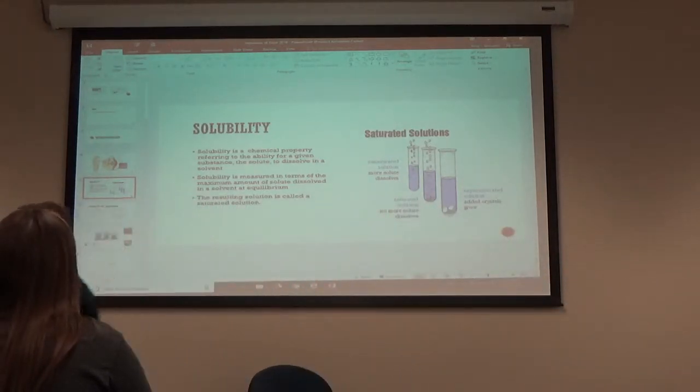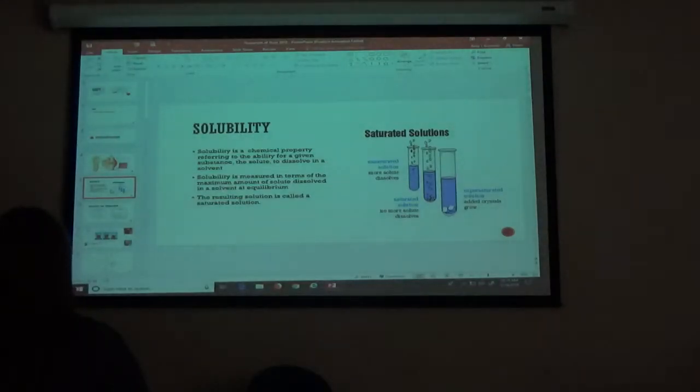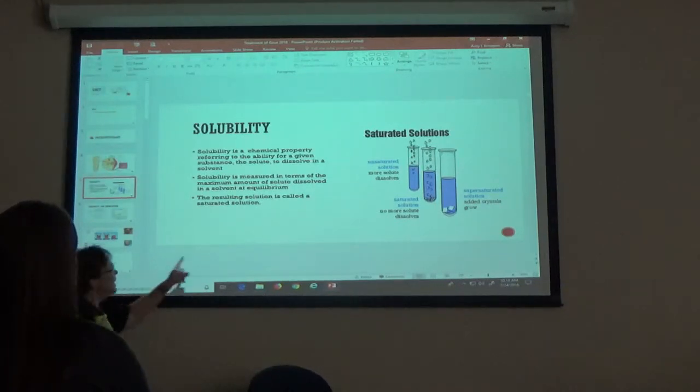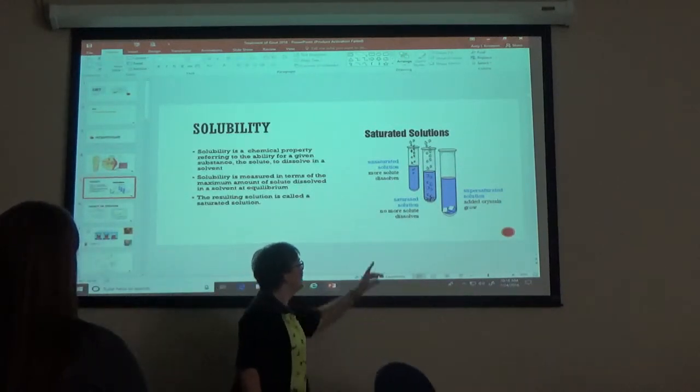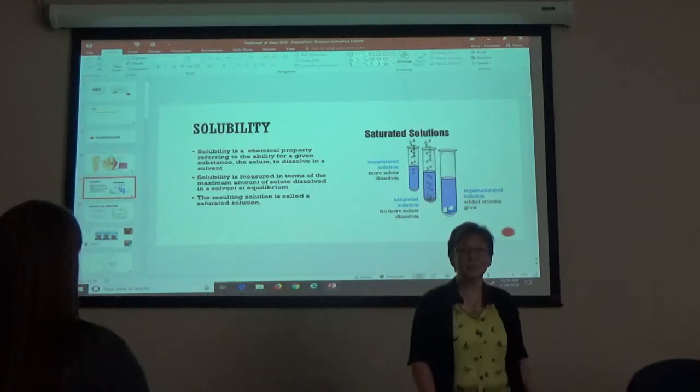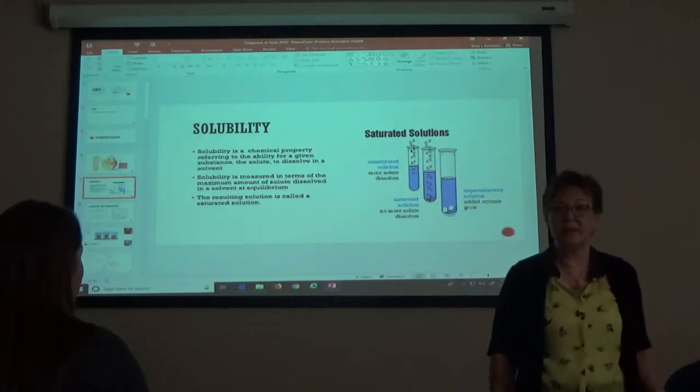You remember this concept from chemistry. We're looking at a crystal in blood. An unsaturated solution is when we can continue to add uric acid to the blood and it doesn't precipitate out, right?